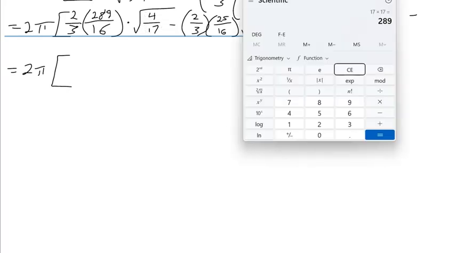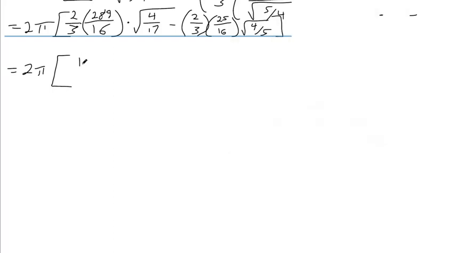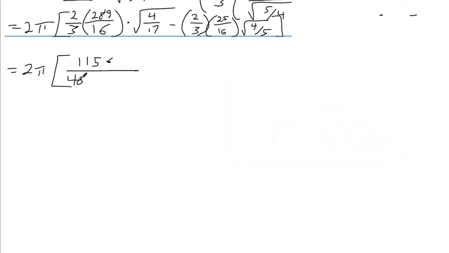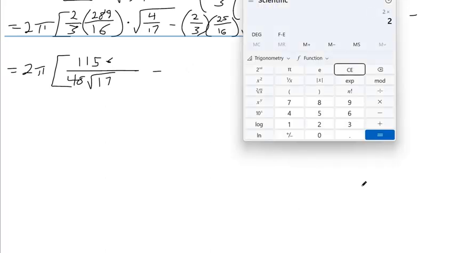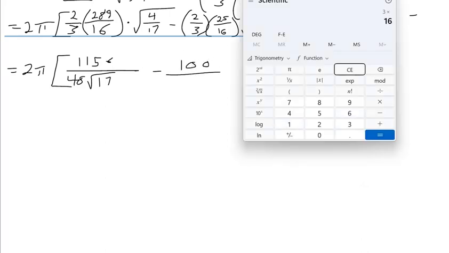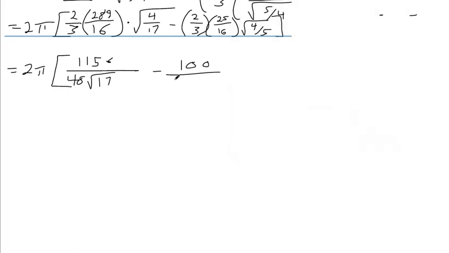So with our numerators, we've got 2 times 289 times 2, that's 1156. In the denominator, we have 3 times 16, 48 times square root of 17. And over here, that's same thing. We got square root of 4 in the numerator, so 2 times 25 times 2, that's 100. The denominator, 3 times 16, so 48 square roots of 5.